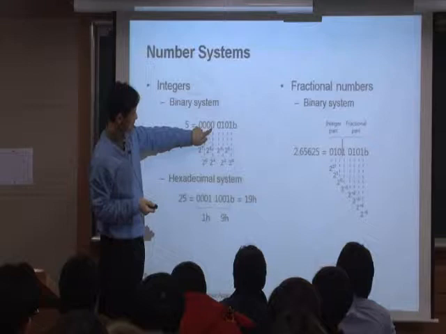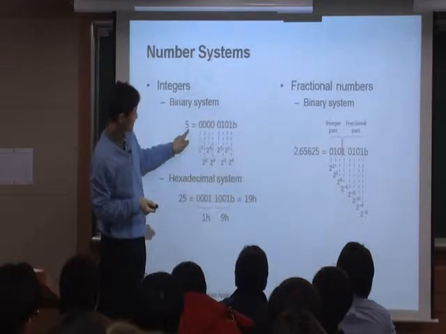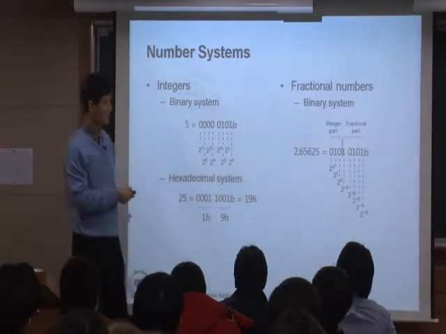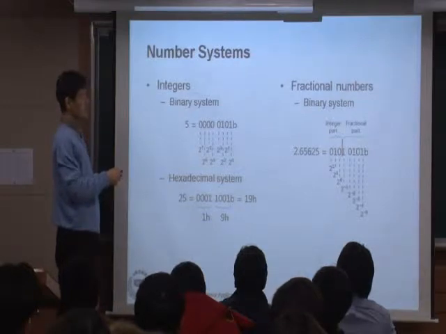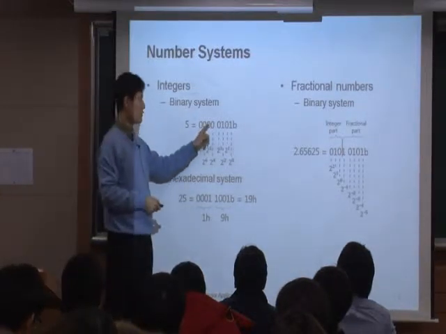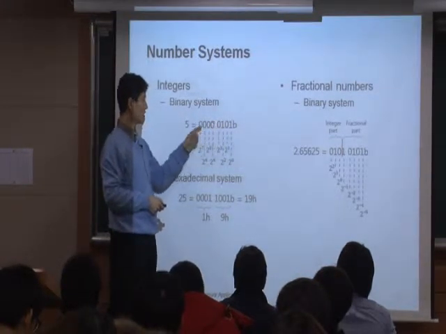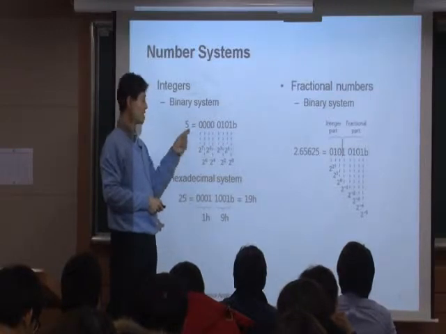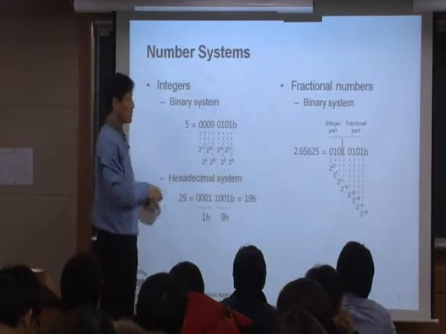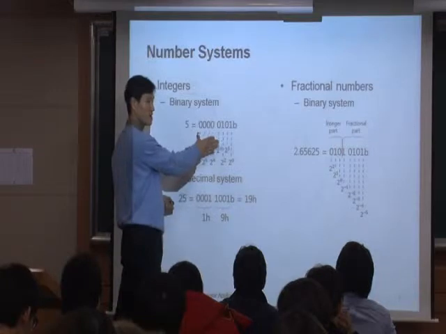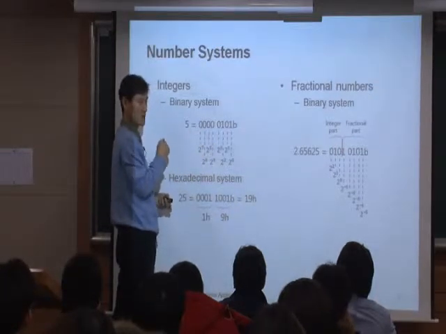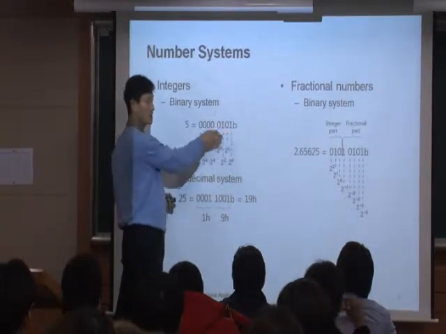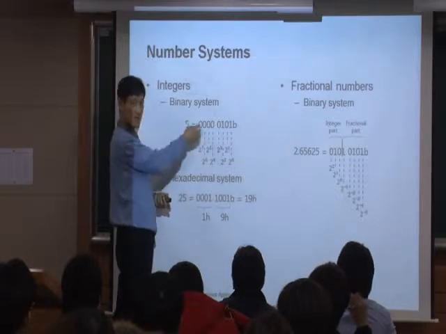No, it's not 19, right? 16 plus 5, it's going to be 21. So when you have 10101 and read it as a decimal, it's going to be 21. But the same binary, if you read it as a hexadecimal, is going to be 15H.